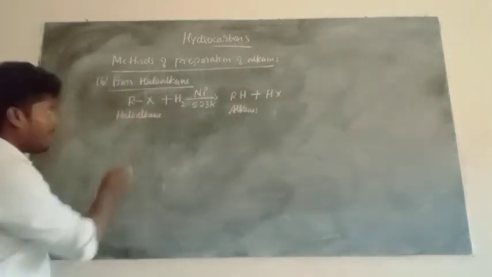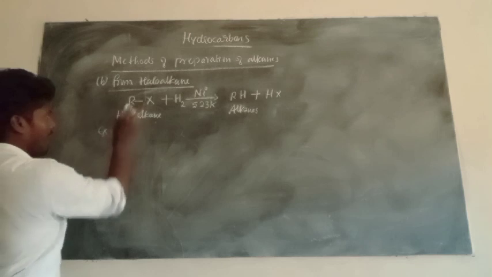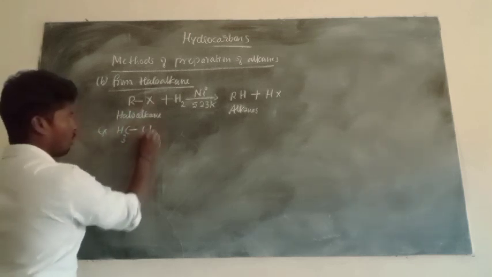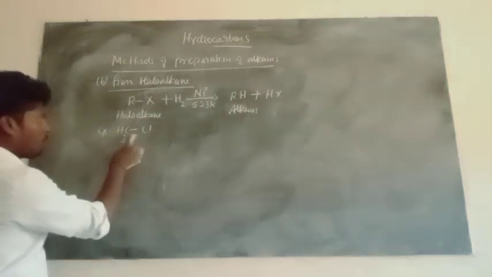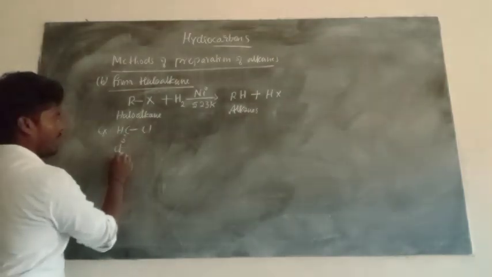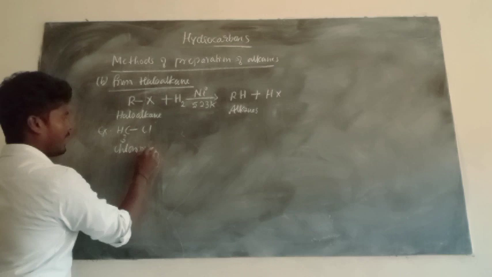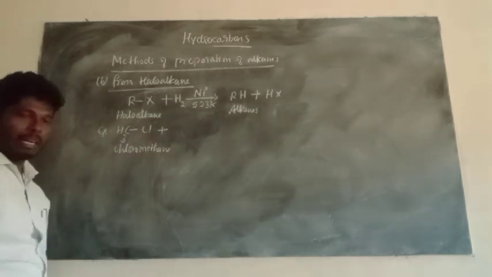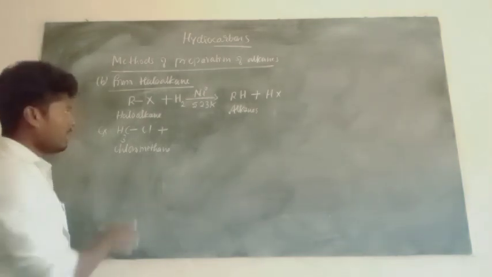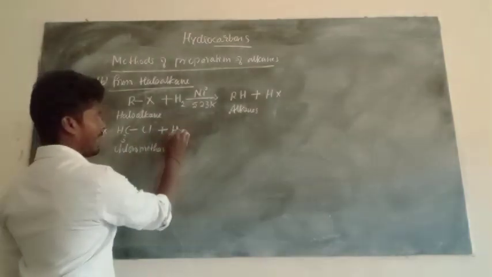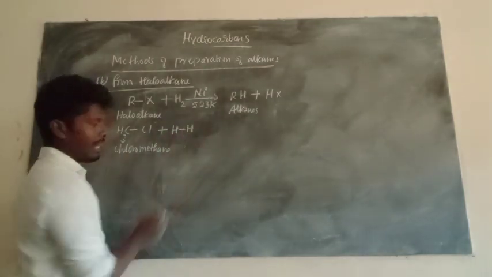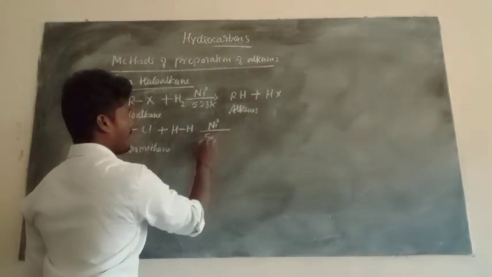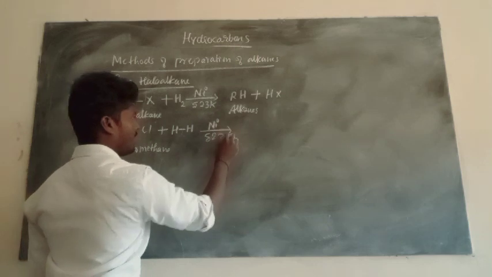Now observe an example. In place of R take CH3, in place of X take chlorine. What is its name? Chloromethane, or methyl chloride. So listen, chloromethane is treated with hydrogen, which can be written H-H, with nickel at 573 Kelvin.